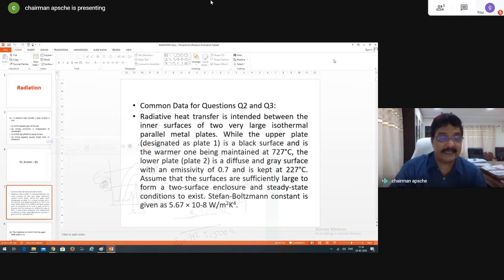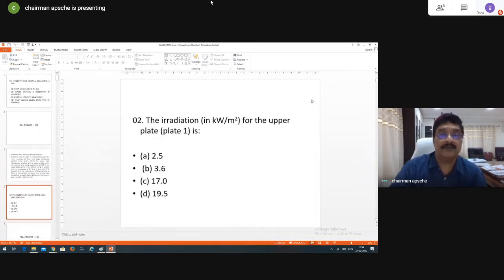Now, what is he asking about this? One question based on that: the irradiation for the upper plate. Irradiation means how much radiation is falling on surface 1.